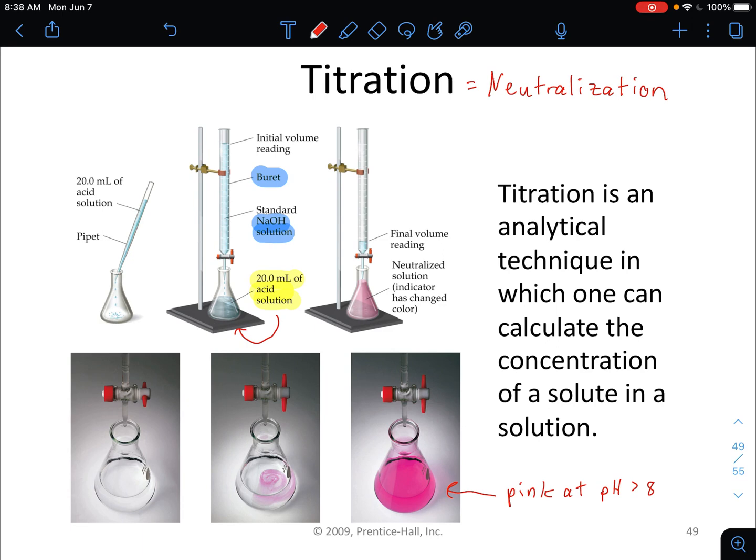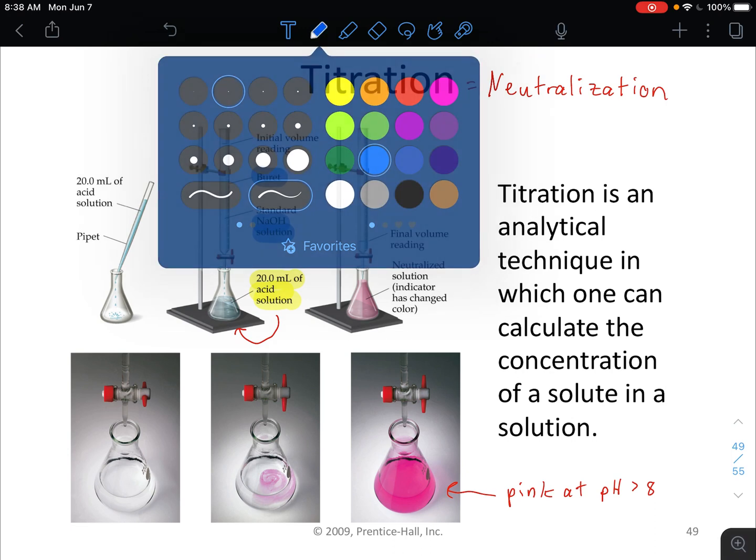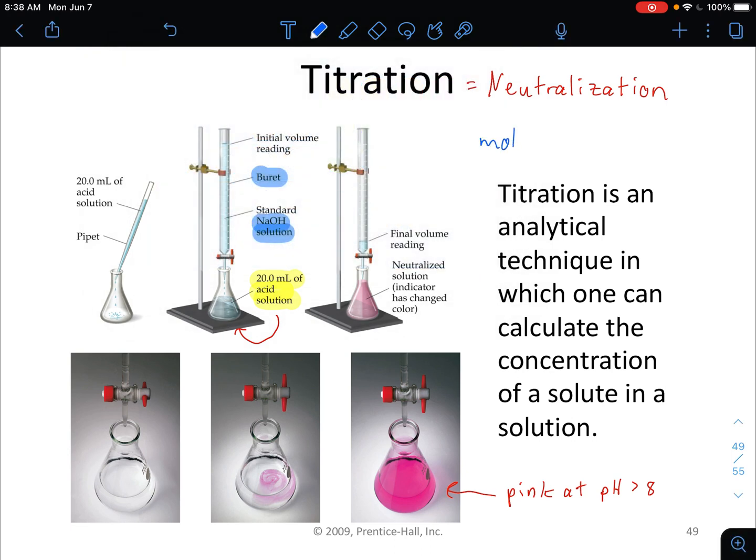So the concept that we want to have in mind as we approach this is the purpose of neutralization is to reach a point where, whatever the other reaction conditions are, the moles of base we add equal the moles of acid we initially had. That's the typical way that we're going to do it with acid in the flask down below and base in the burette, but you could also do it the opposite way as well. It's just depending what you know and what you're trying to figure out.